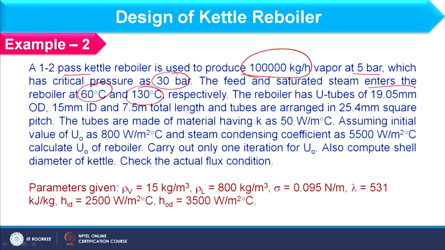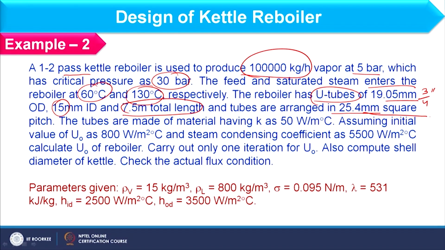For the reboiler we are using U tubes with OD of the tube as 19.05 mm, that should be 3 by 4 inches. ID of the tube is 15 mm. Total length of the tube is given as 7.5 meter. Tubes are arranged in 12.5 mm square pitch.